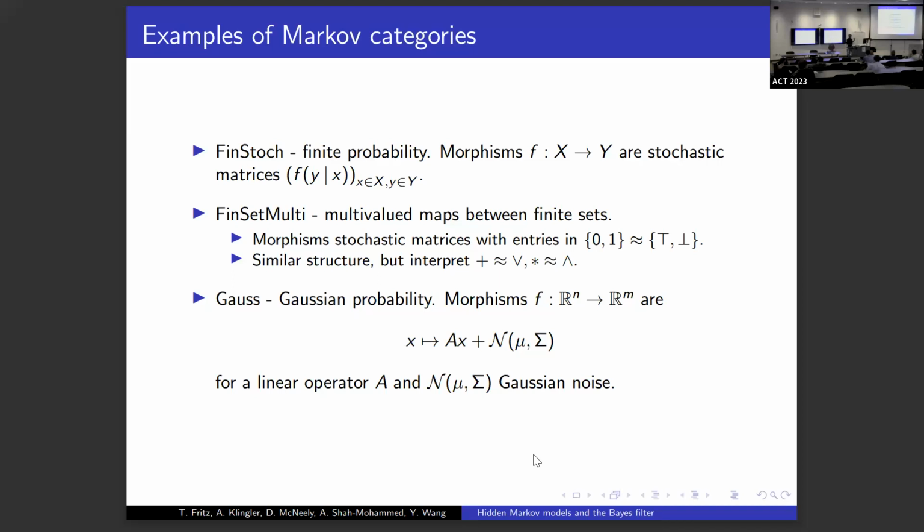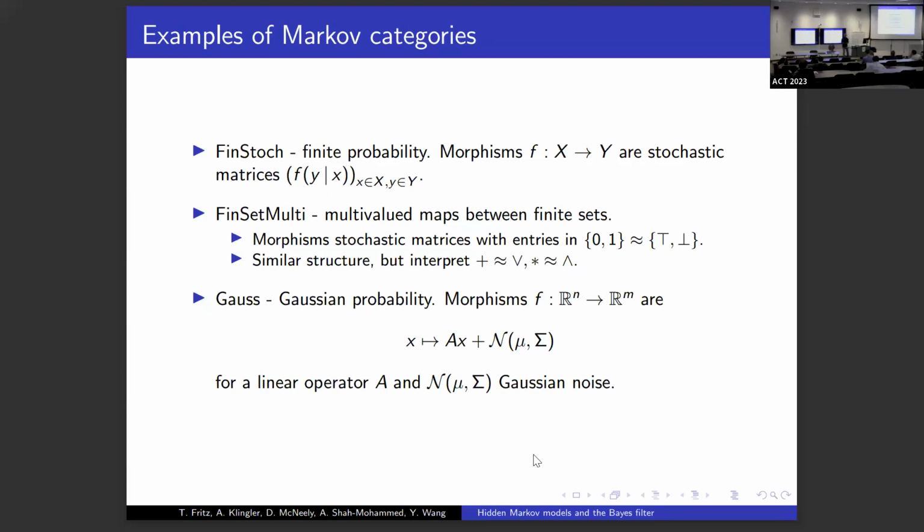As far as the underlying machinery goes, it's very similar, except instead of probabilities, you think of 0 and 1 as false and true. Now all the arithmetic works out the same, but addition is disjunction and multiplication is conjunction.